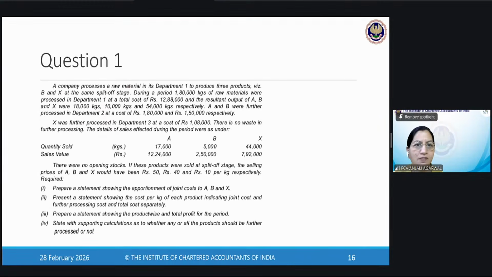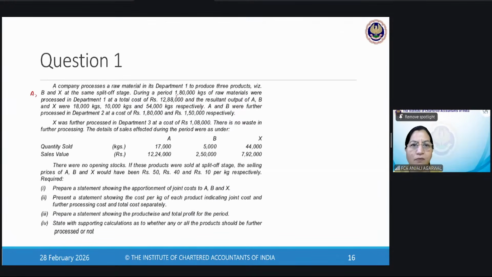A company processes a raw material in its department 1 to produce 3 products, A, B and X, at the same split off stage.